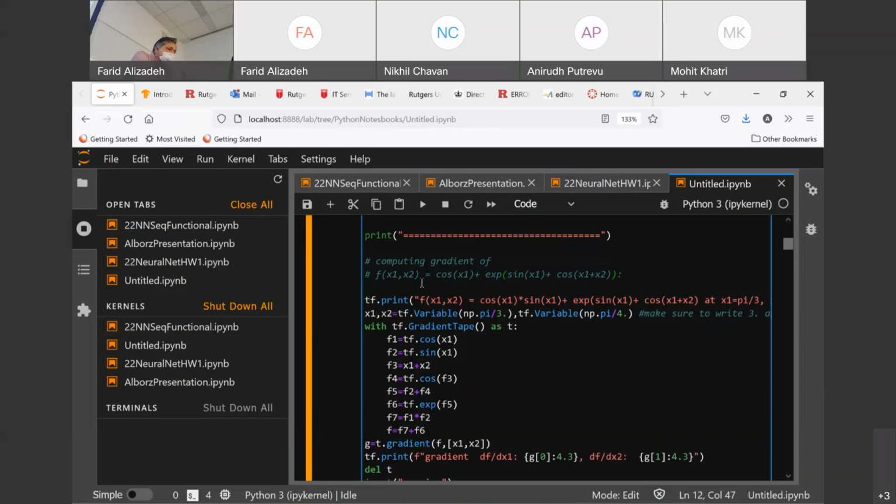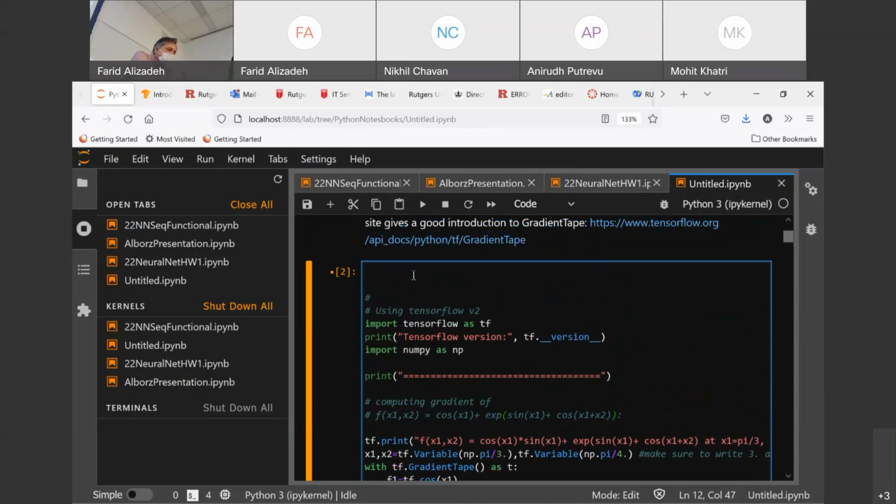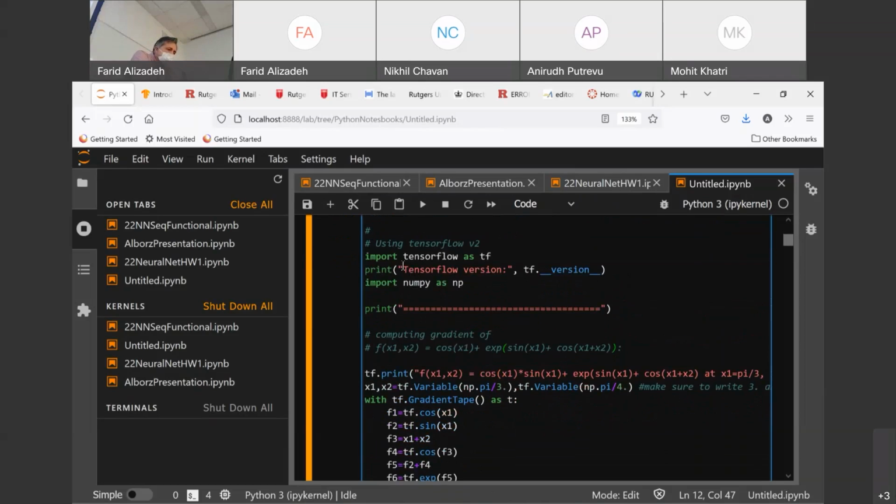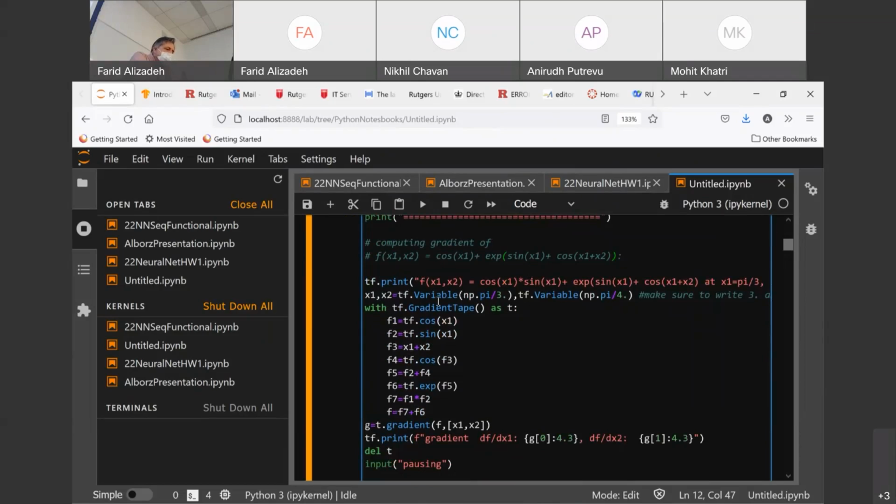I've imported TensorFlow as tf. So x1, x2 are tf.Variable. You can initialize, for example, I am interested in computing this function at pi over 3 for x1 and pi over 4 for x2, just some arbitrary value. So you would do that.